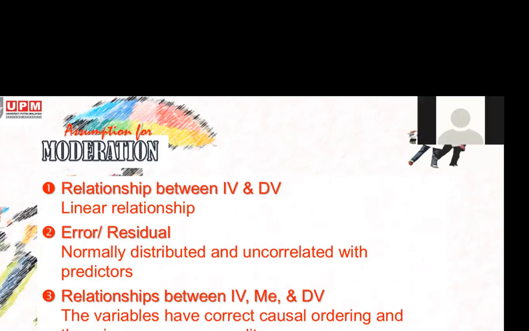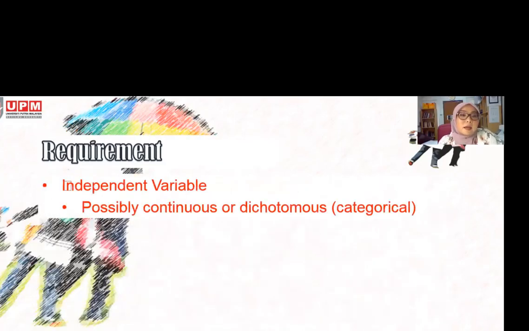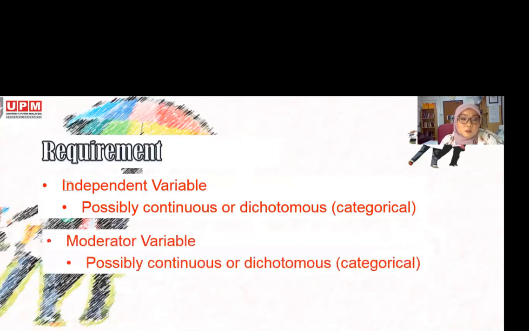The one here is for the mediator model. And then in terms of requirement, the independent variable possibly can be continuous and or dichotomous or categorical variable. For the moderator variable, it's also possible to have both continuous or dichotomous variable.